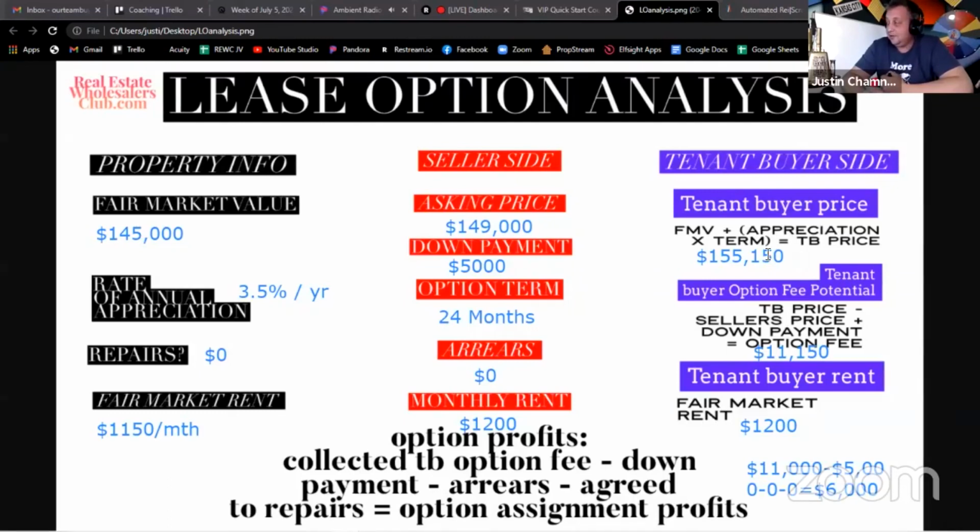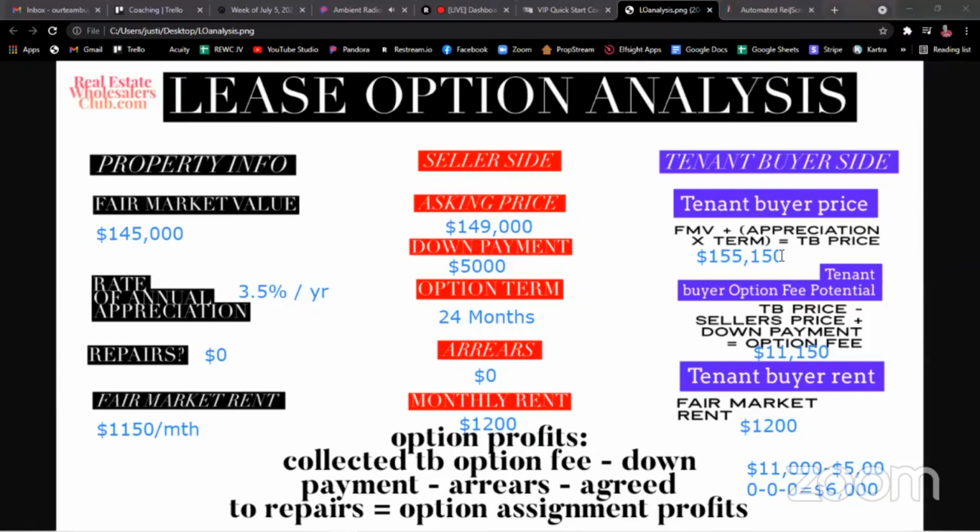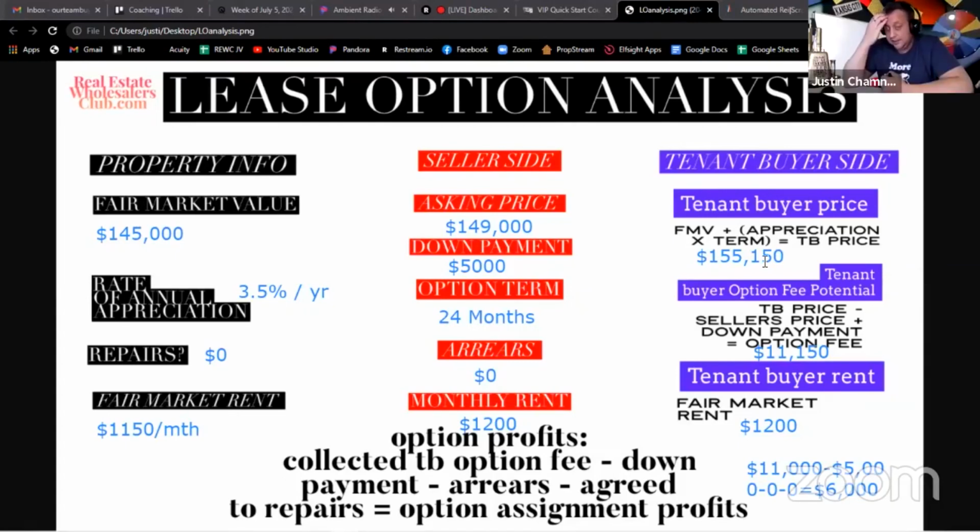You know, so I have some students that come to me and say, "Hey, this one here is 149,000. It's worth 145. It'll be worth 155 in 2 years, but I'm thinking about listing this one for 185." Okay, well, you might win, and then 2 years up the road, get your ass chewed in a real serious way.